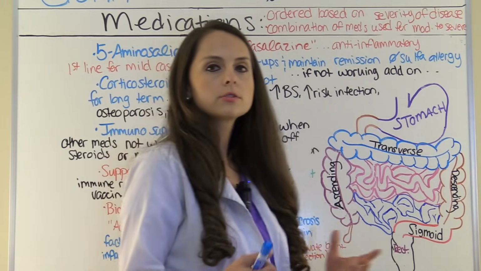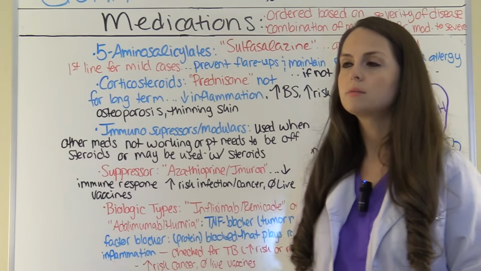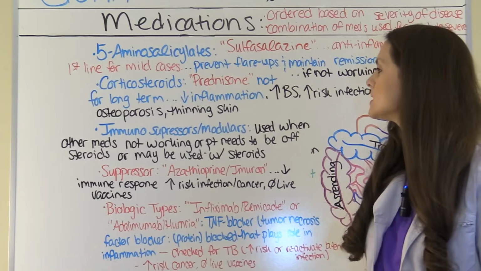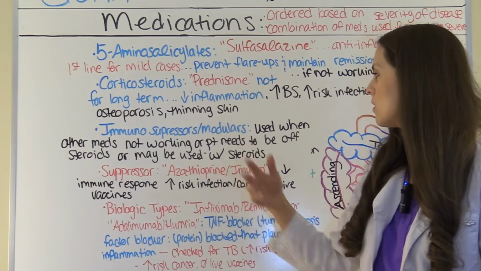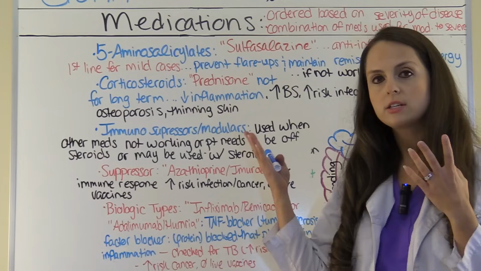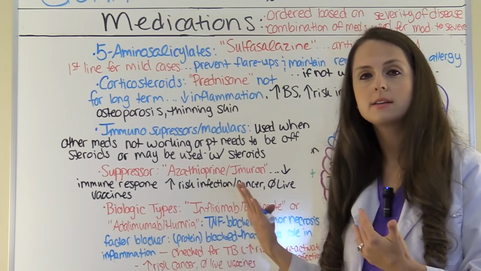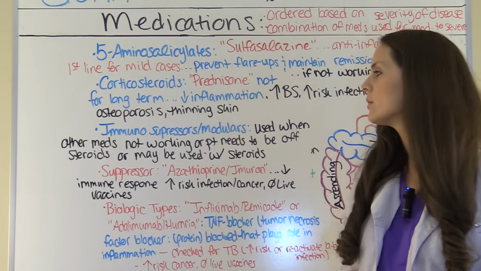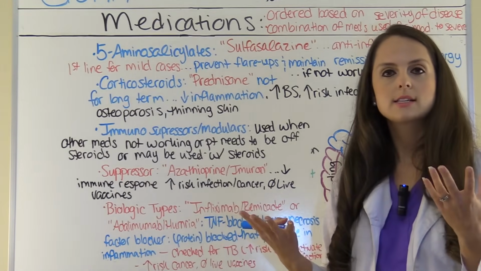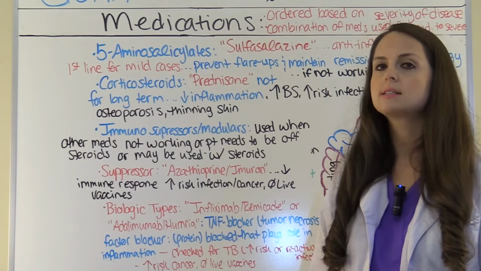Other ones prescribed, and these are for severe to moderate cases, if they're not responding to any of these other medications, are the immunosuppressors or modulators. And these may be used if the patient needs to come off steroids because they have all these side effects, or in conjunction with steroids. The first group are the suppressors, which, just like its name says, suppresses the immune system.